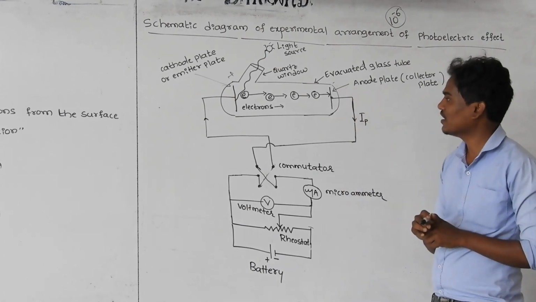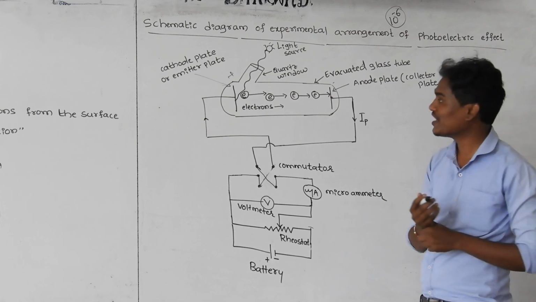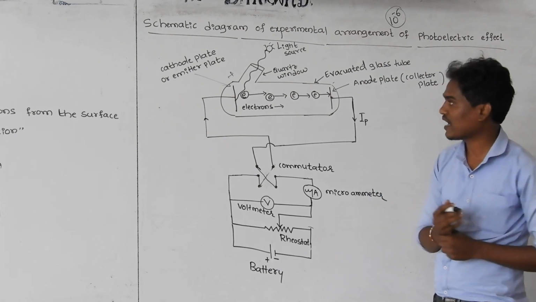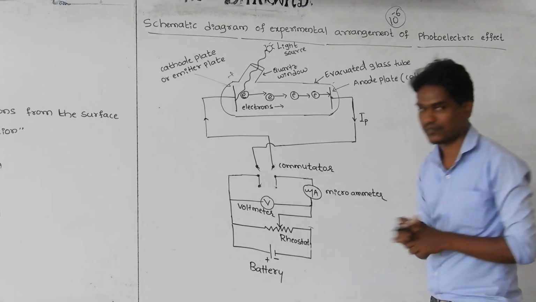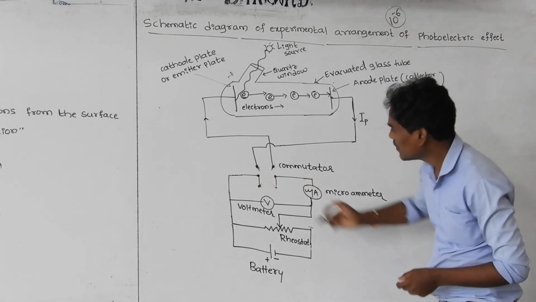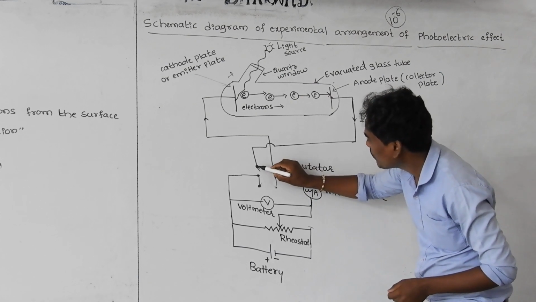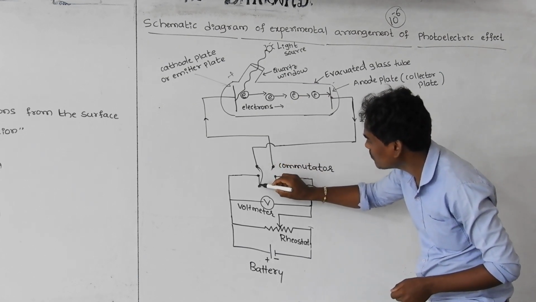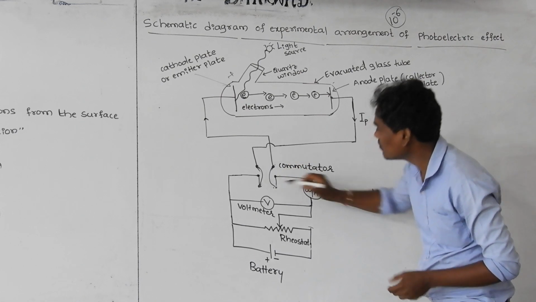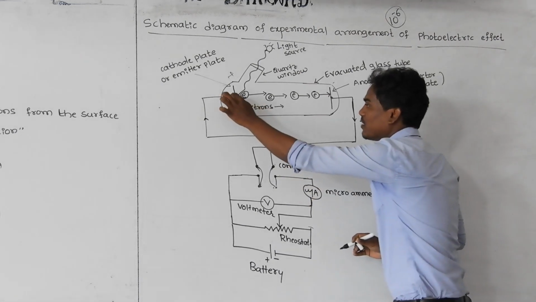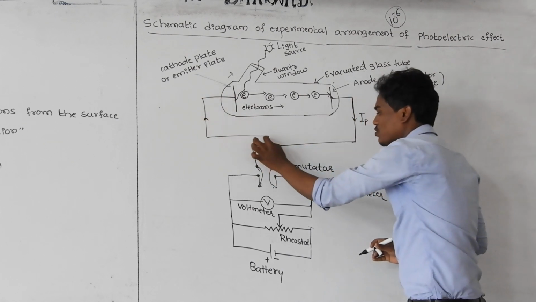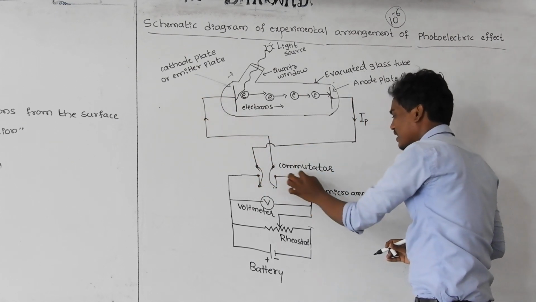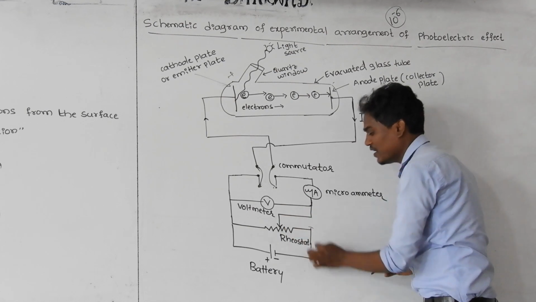Or else, in order to change the potential of the anode plate as well as the cathode plate, we can just change the switches here. You can change the connection. If you connect this wire to this one and this wire to this one, then this wire is directly connected to the cathode plate and goes to the battery negative.